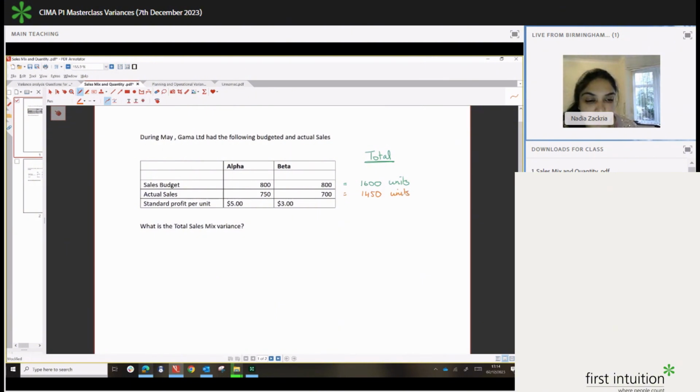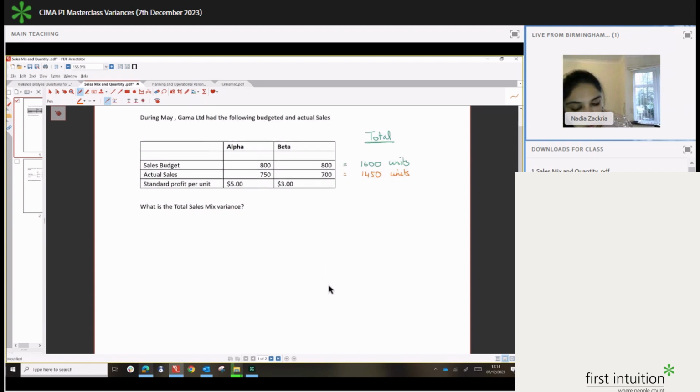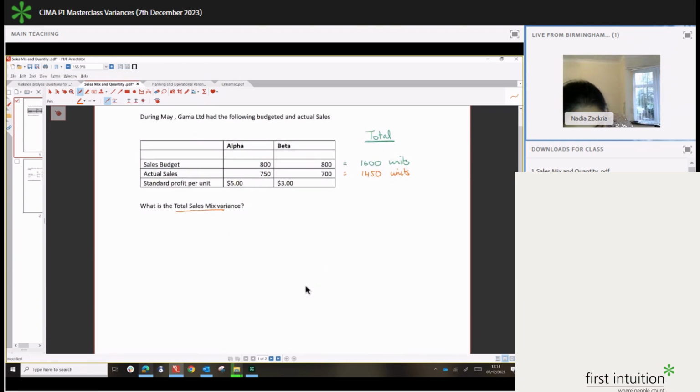units. Okay, and what have we been asked to work out? Total sales mix variance. So if you read the word mix, you know you've got to keep quantity constant, and the quantity that we refer to is always the actual quantity.